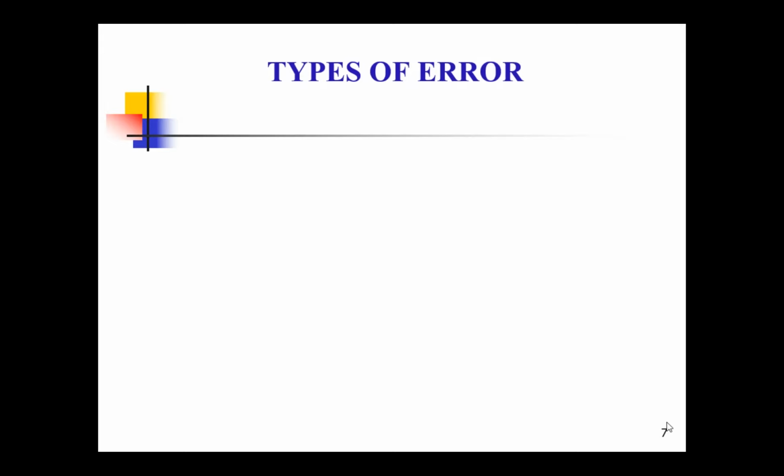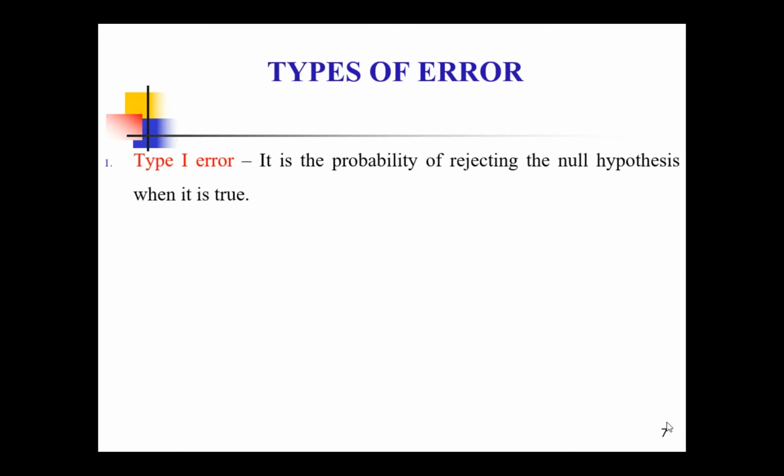There are two different types of error that arise because of the significance level, that is, the probability of rejecting a null hypothesis due to an error. The type 1 error is the probability of rejecting the null hypothesis when it is true.